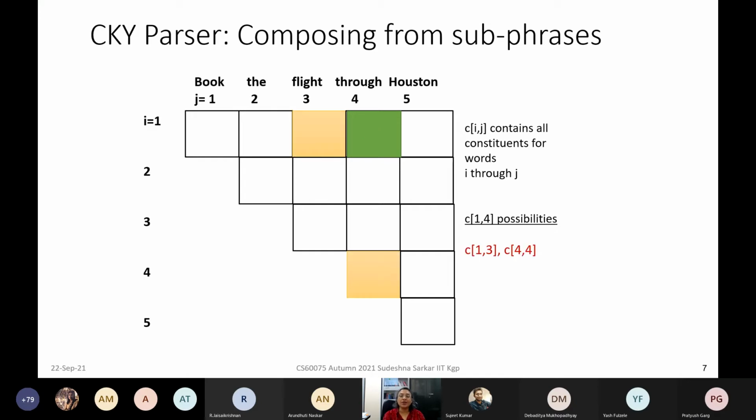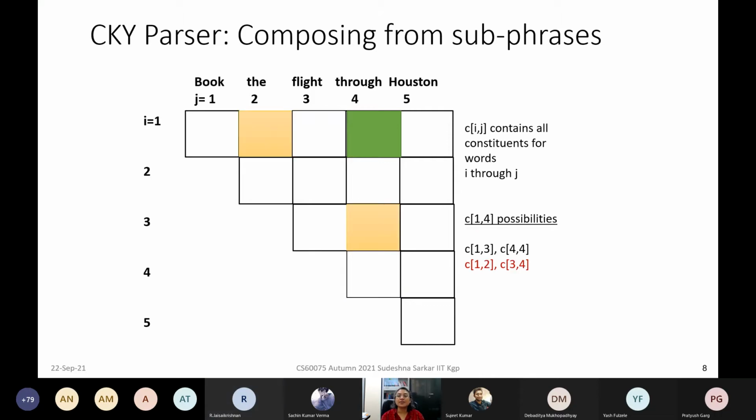In our search for non-terminals, we will see in how many ways we can decompose 1, 4. So this is one decomposition: 1, 3, and 4, 4. So 1, 3 corresponds to this cell, and 4, 4 corresponds to this cell. What is the second decomposition? 1, 2 and 3, 4.